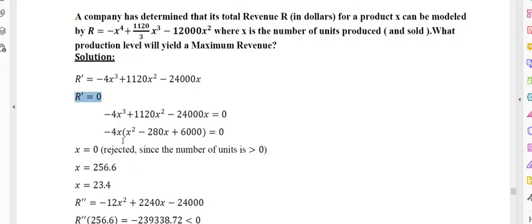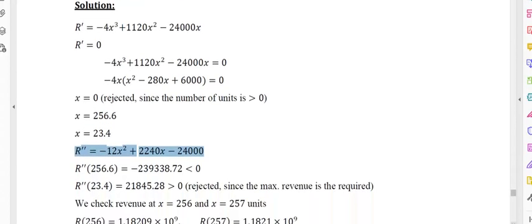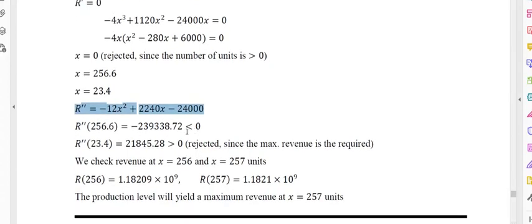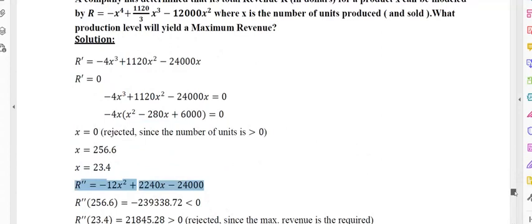Here, deriving the second derivative is easy, so we go and get the second derivative from that first: negative 12x squared plus 2240x minus 24,000. And then we directly substitute the two values that we got, the 256.6 and the 23.4, and we get the negative. The negative means that it's a relative maximum, and we need it here to maximize the revenue.